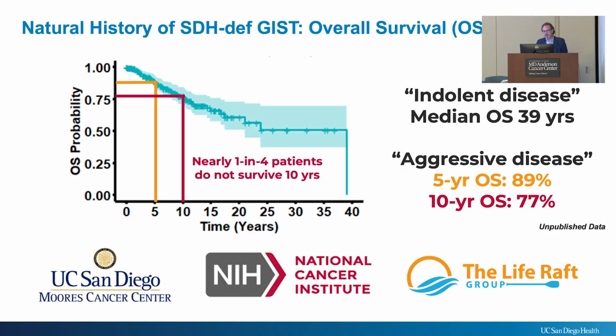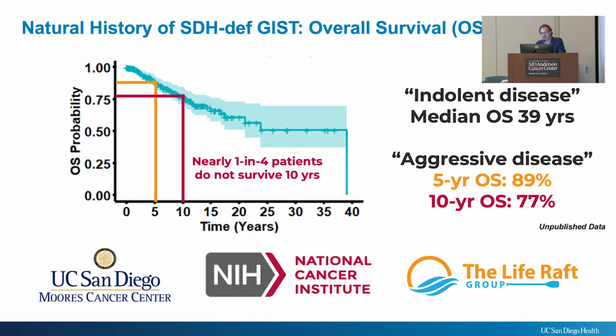If you look at the median, meaning the middle point, when 50% of people have passed away and 50% are still alive, it turned out to be 39 years. So at a 30,000-foot view, you'd say, yes, this is an indolent biology. But if you look a little bit deeper, what you start seeing here, if you look down here, is how many people have passed away at 5 years.